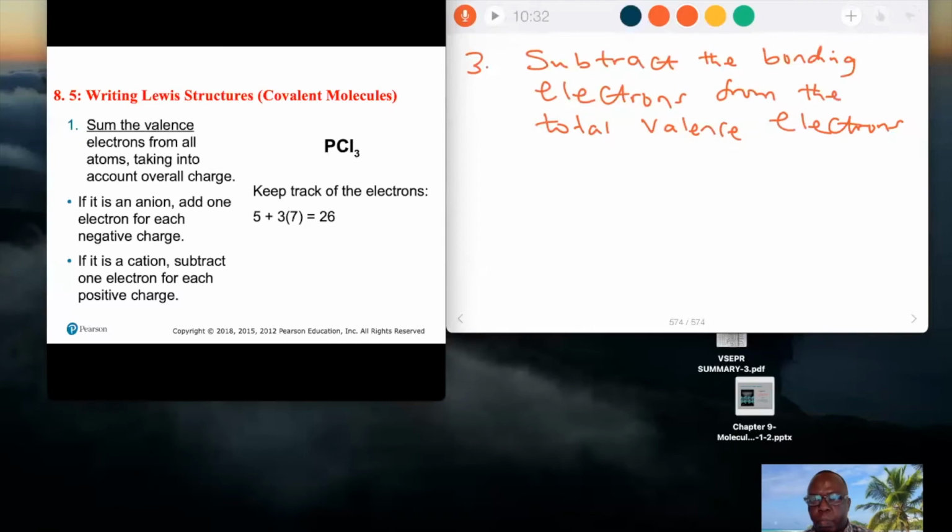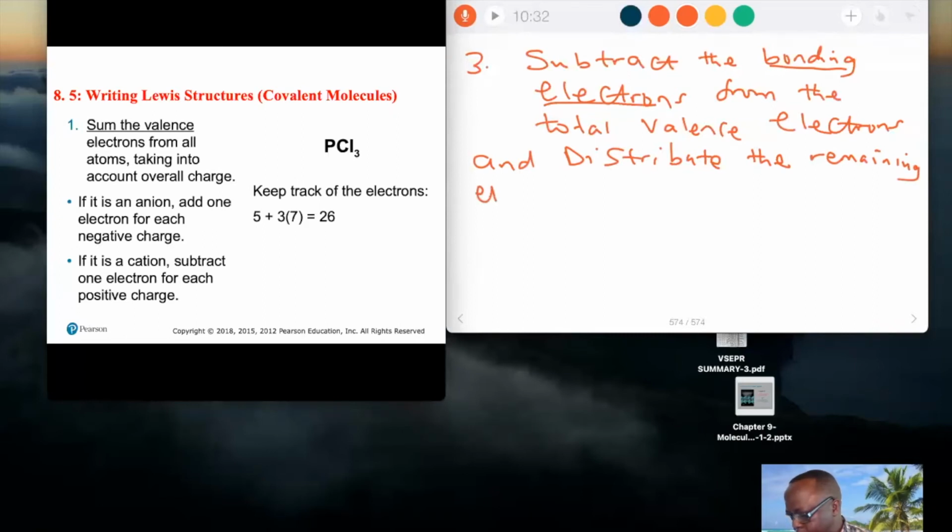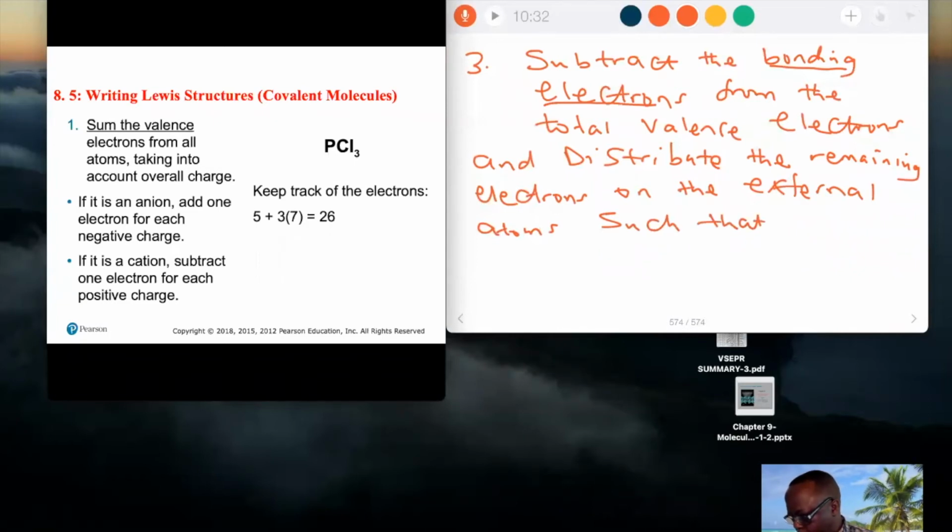Subtract the bonding electrons from the total valence electrons and distribute the remaining on the external atoms such that the octet rule is obeyed.